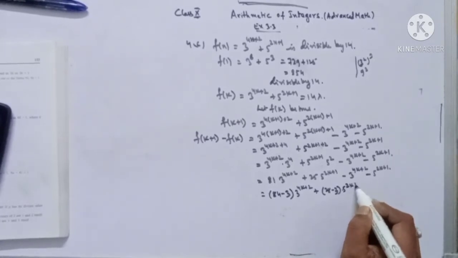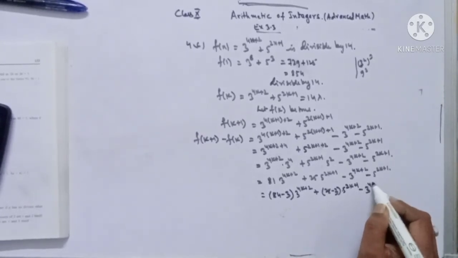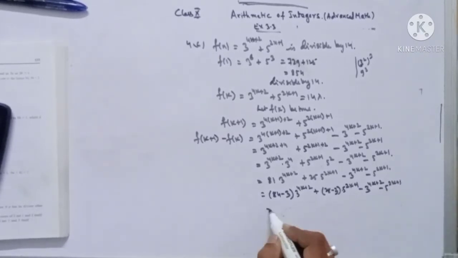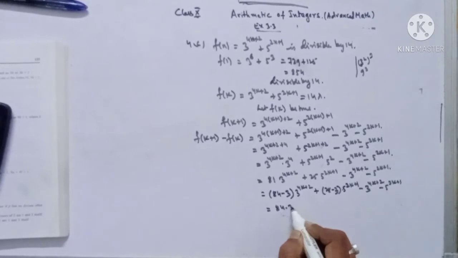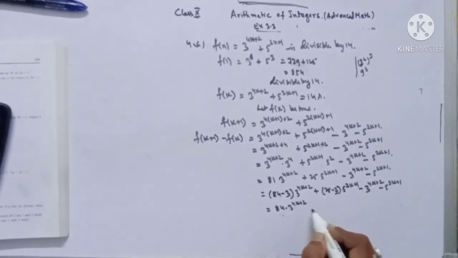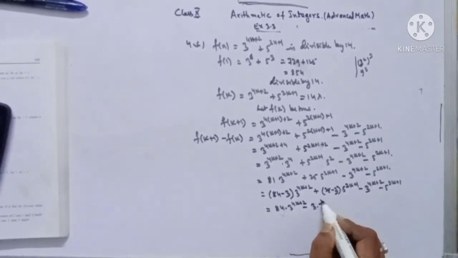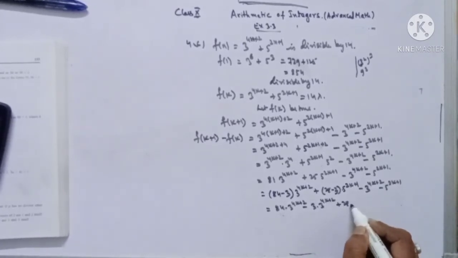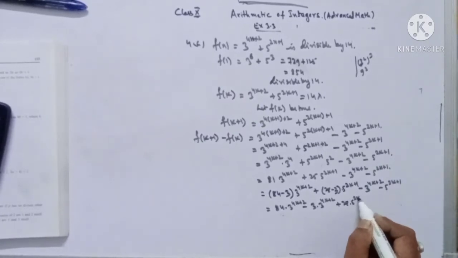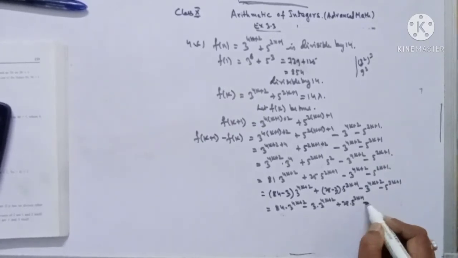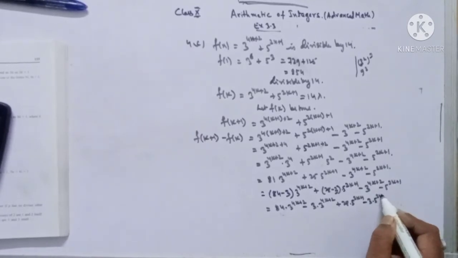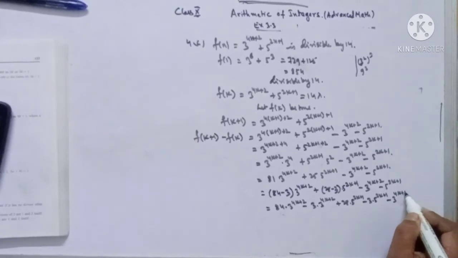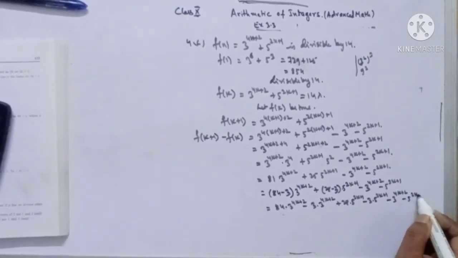So 5 to the power of 2k plus 1, minus 3 to the power of 4k plus 2, minus 5 to the power of 2k plus 1. This will be 84 times 3 to the 4k plus 2 minus 3 times 3 to the 4k plus 2, and 28 times 5 to the 2k plus 1 minus 3 times 5 to the 2k plus 1, minus 3 to the power of 4k plus 2 minus 5 to the power of 2k plus 1.